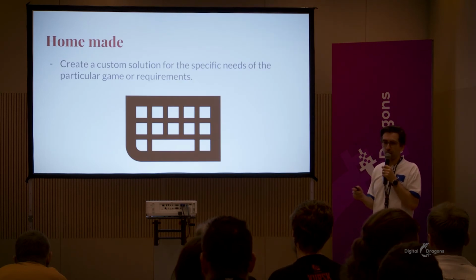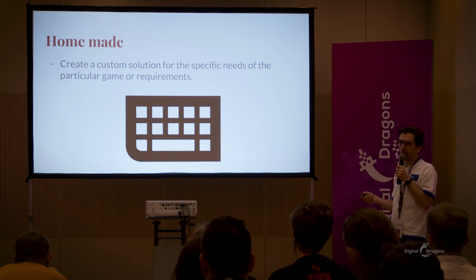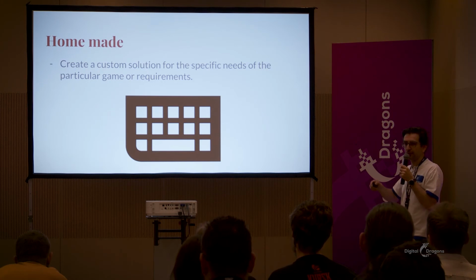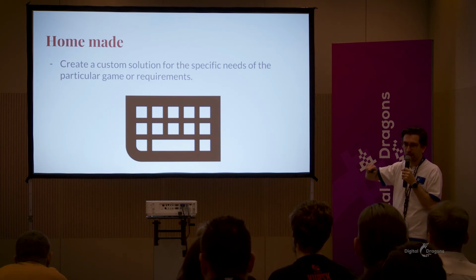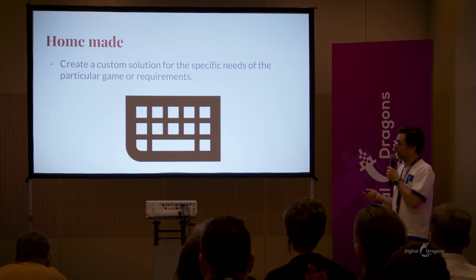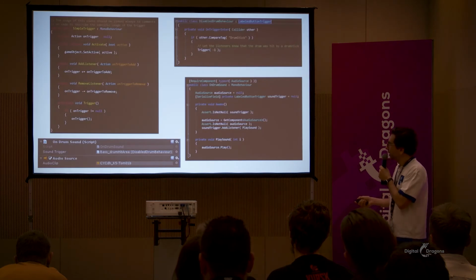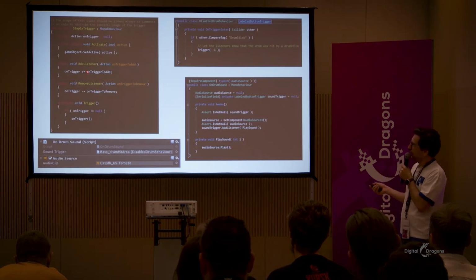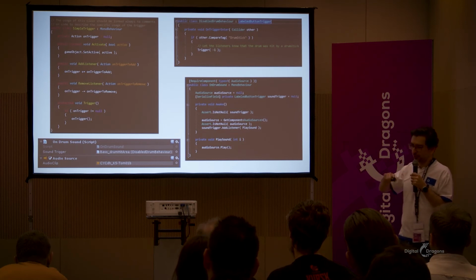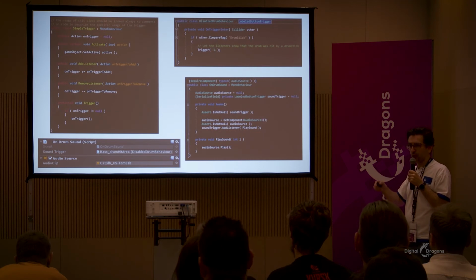The last option is to implement your own framework. If you implement your own framework, it has the advantage that it is really related to your requirements and can sometimes be easily implemented. For example, here is an implementation of the observer event pattern to create reusable code inside Unity.